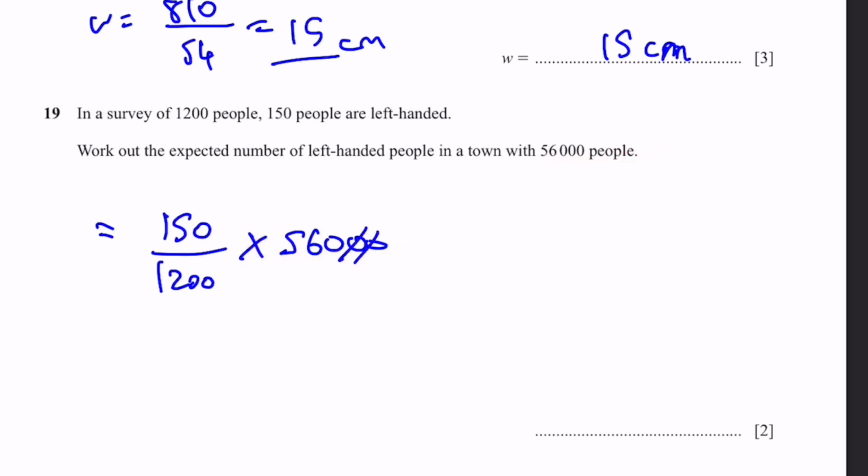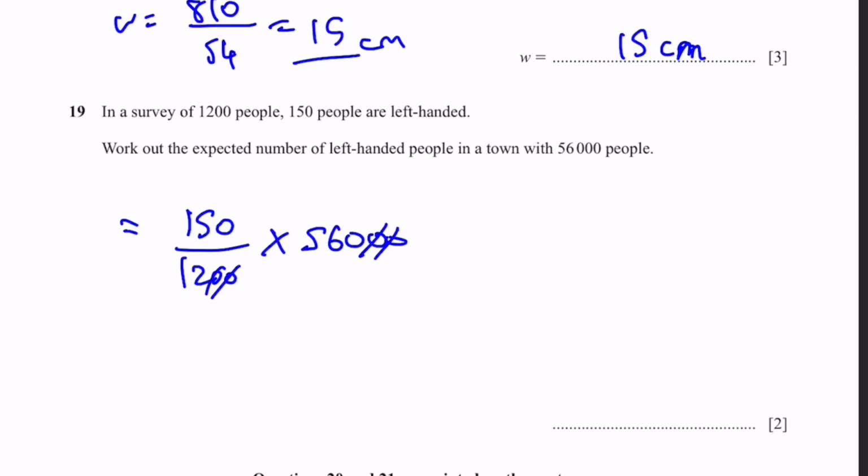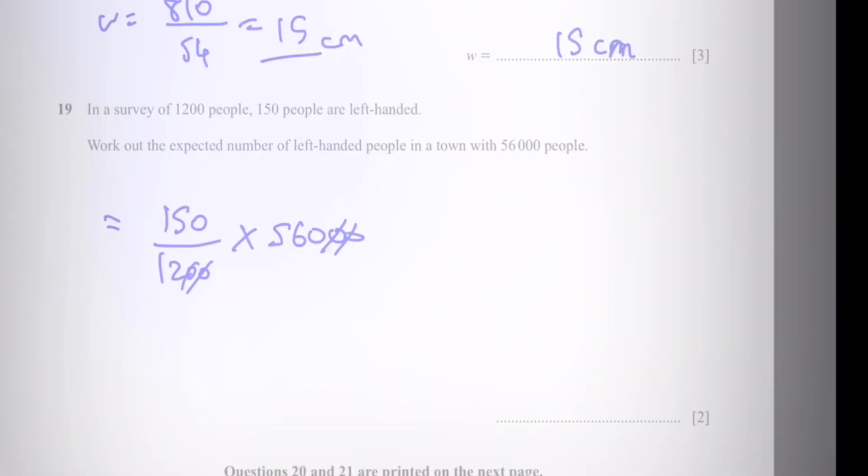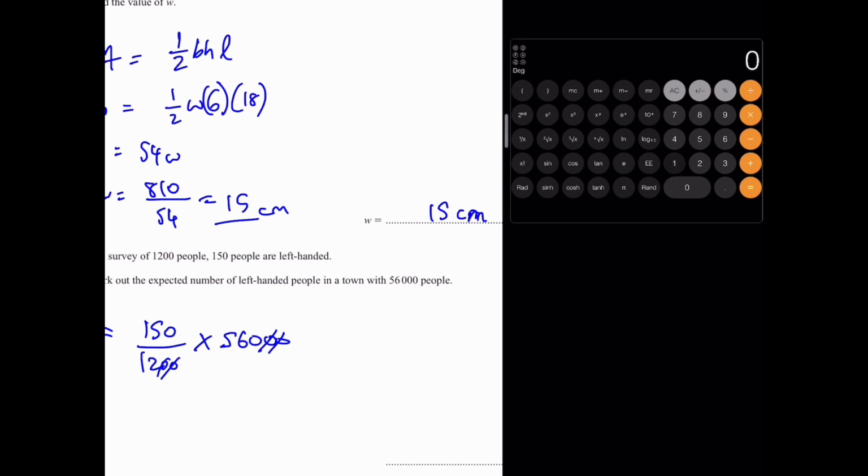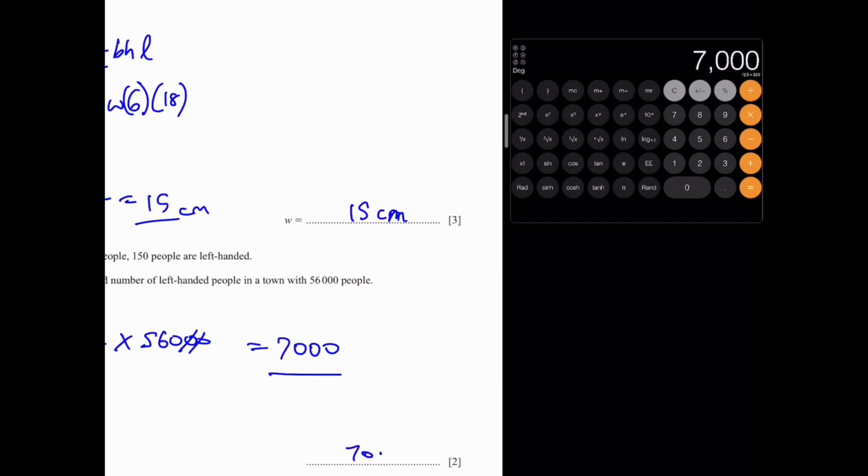We can cancel 2 zeros here. And now we can get our calculator out. There we are. So we do 150 divided by 12 and multiply by 560. That'll be equal to 7,000. 7,000 left-handers. That's our answer.